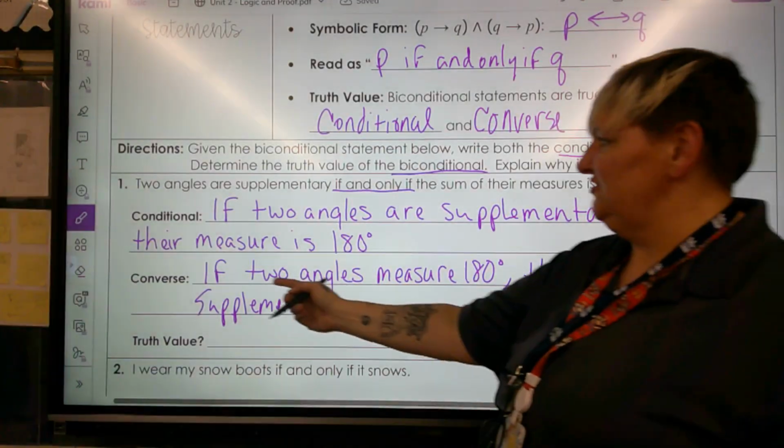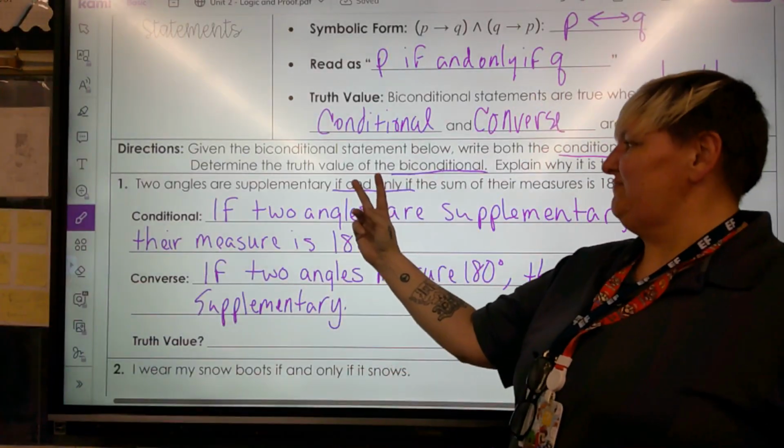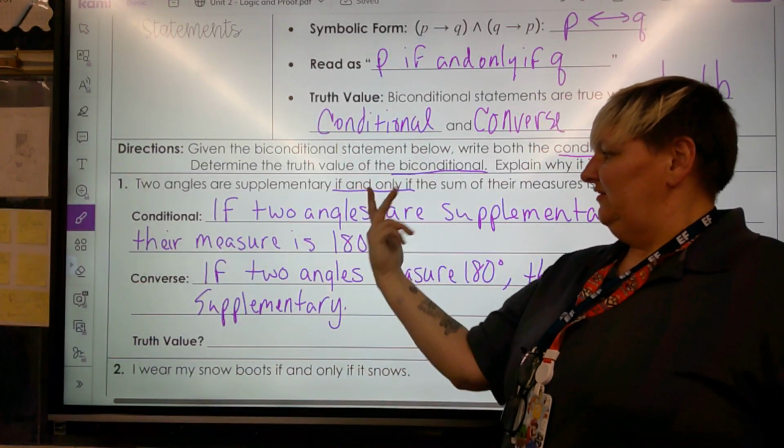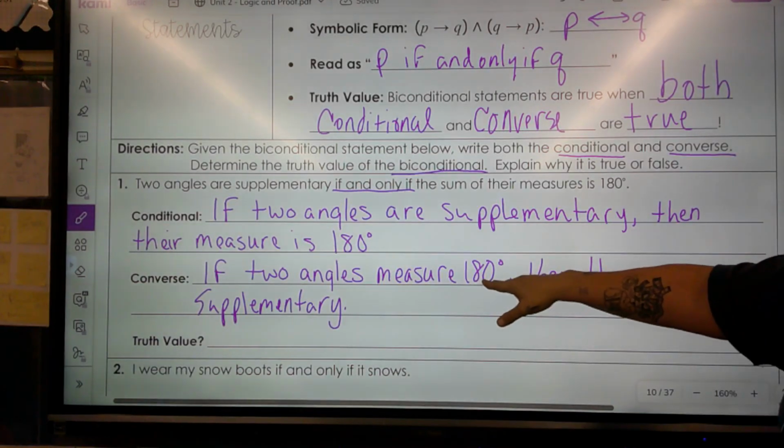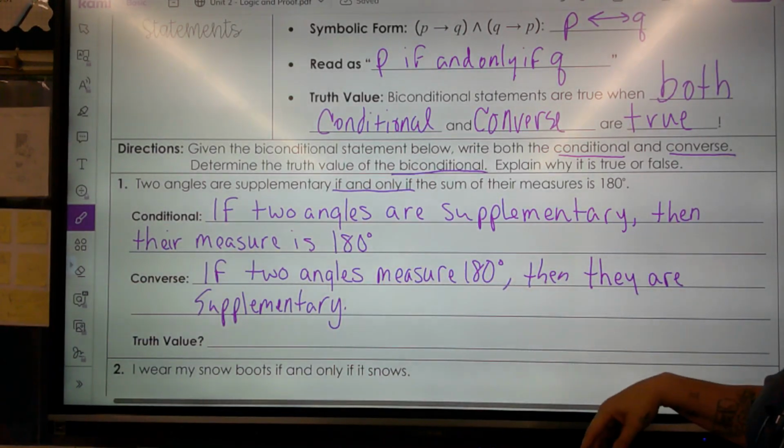So the converse, the flip, all I did was take the statement and flip it, is if the two angles measure 180 degrees, then they are supplementary.